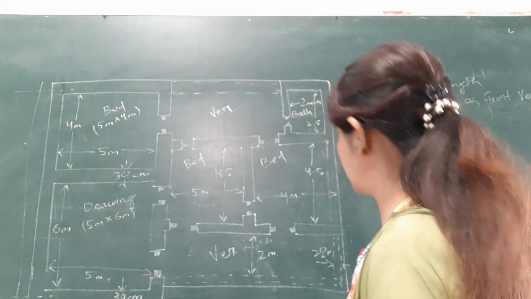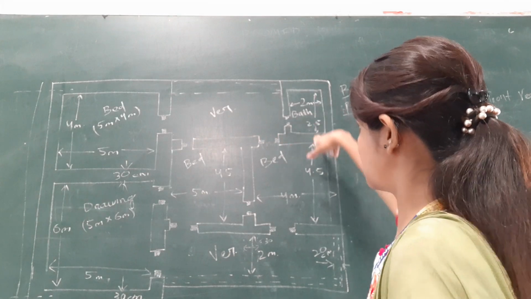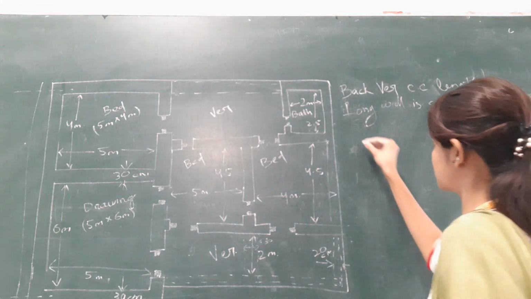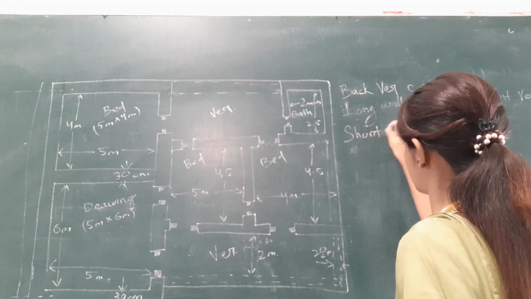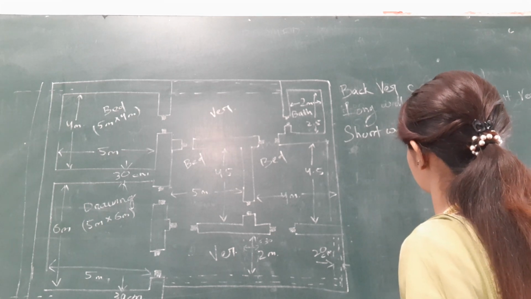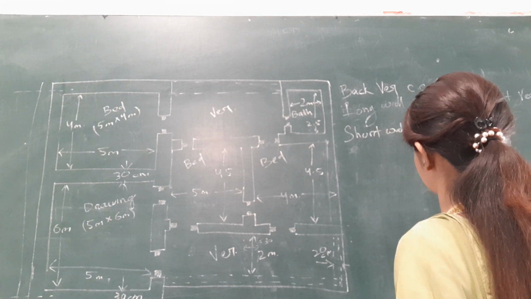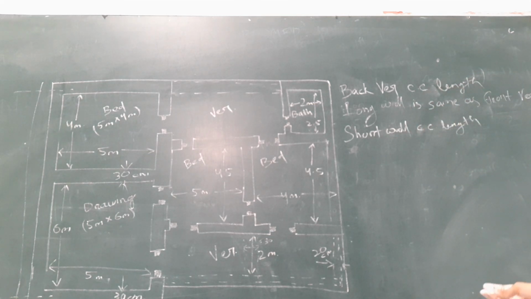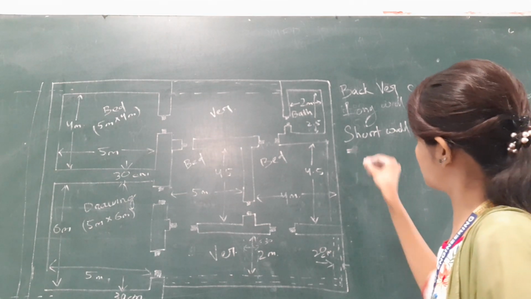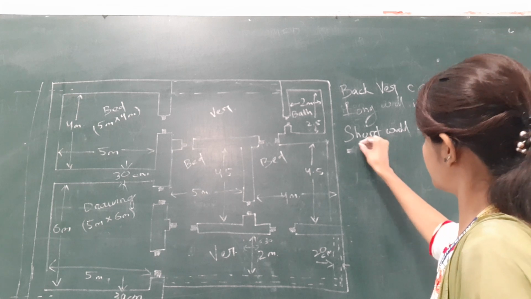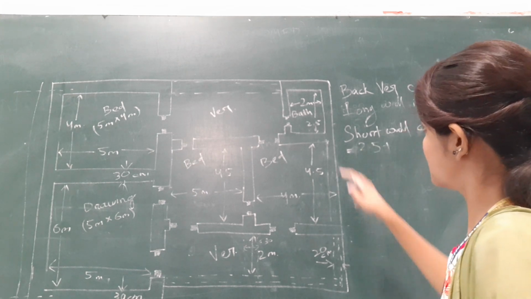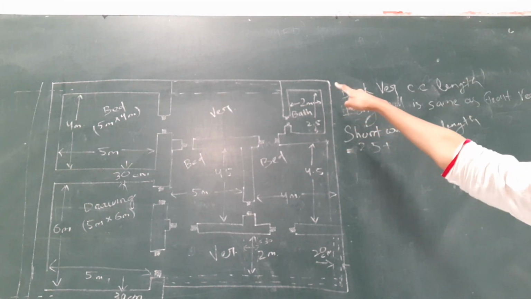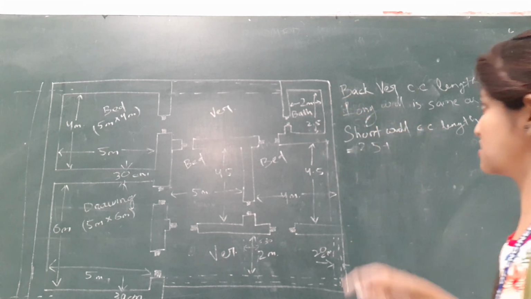So for the short wall, this dimension is changed. See, it's 2 meter and it's 2.5 meter. So we have to calculate this. So short wall center to center length. Okay. So for the short wall center to center length, what can we do for this? We put 2.5 first. Okay. Next, it's a 0.30 thickness one, and the other side is a 0.20 thick one.